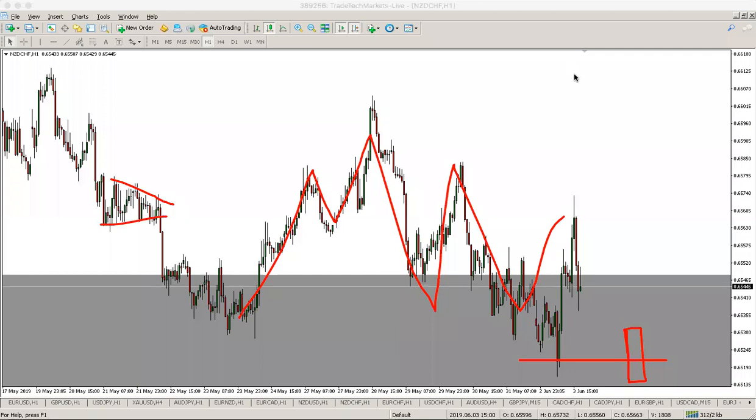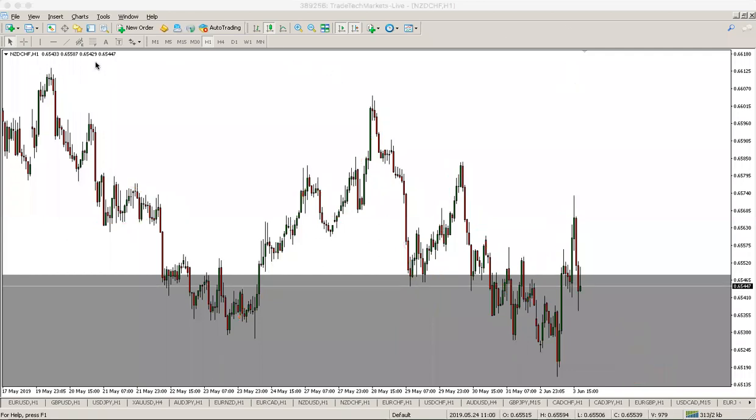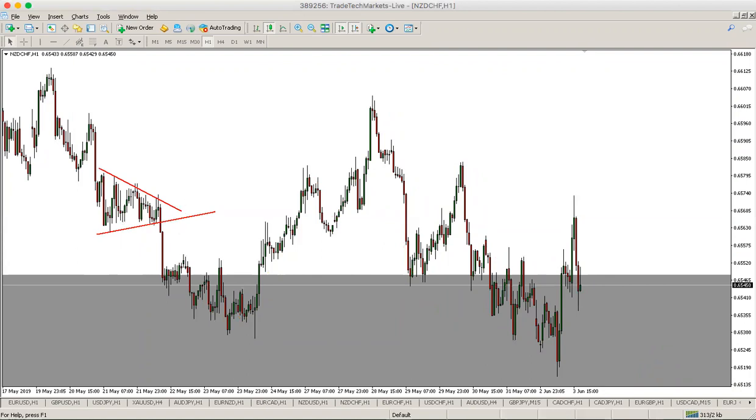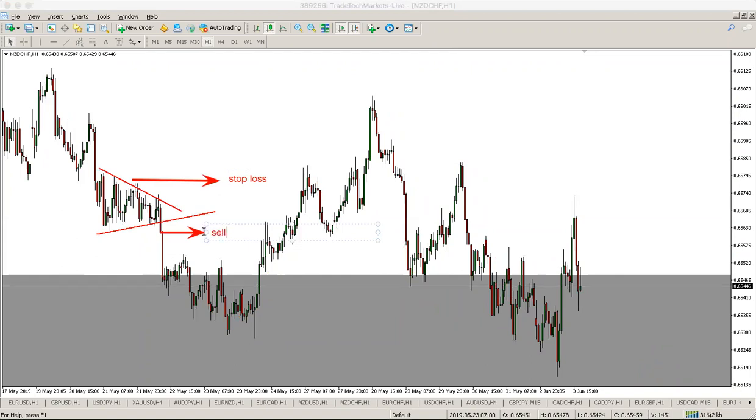So you'll be taking all your things from here. Then you wait for a break, you buy. In this case, this would have been your sell, then your nearest high at that point would have been your stop loss. Then sell, right?